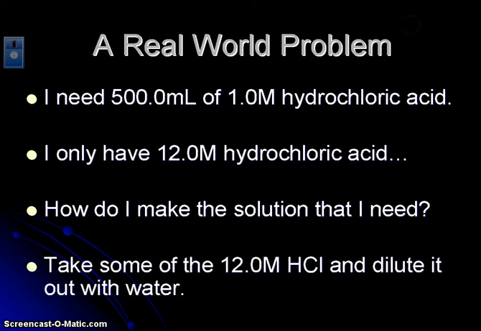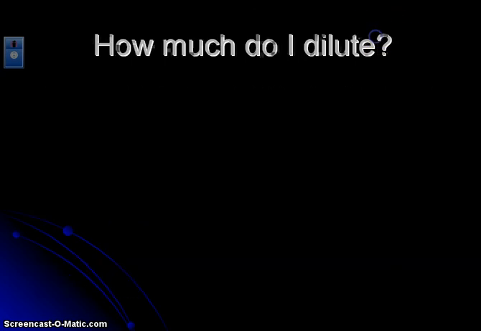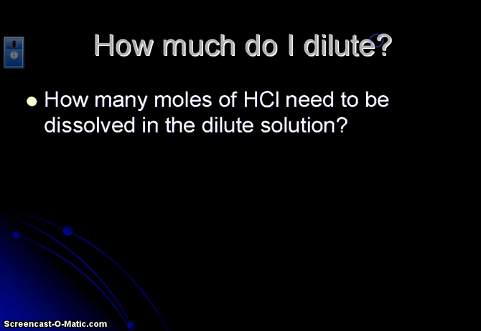I'm going to take some of the 12 molar hydrochloric acid and dilute it with water. Now remember, we always add acid to water. So I want to add acid to enough water to make it up to 1 molar. So what I need to figure out is how much to dilute. I need to know how many moles of hydrochloric acid I'm going to end up with in my dilute solution.